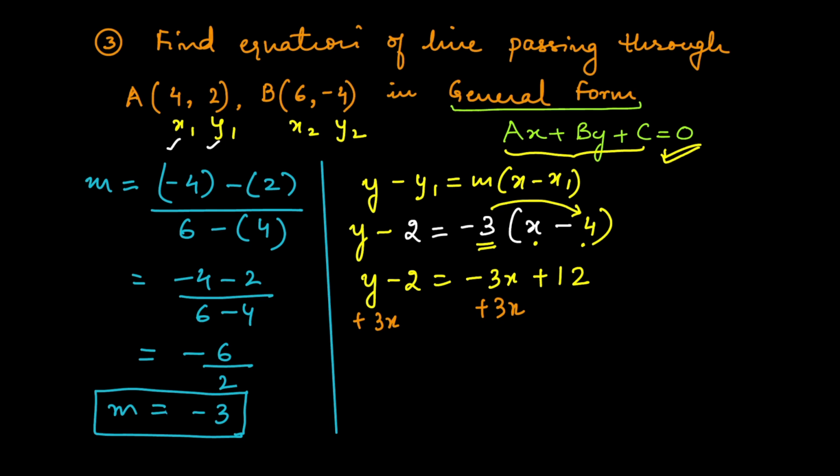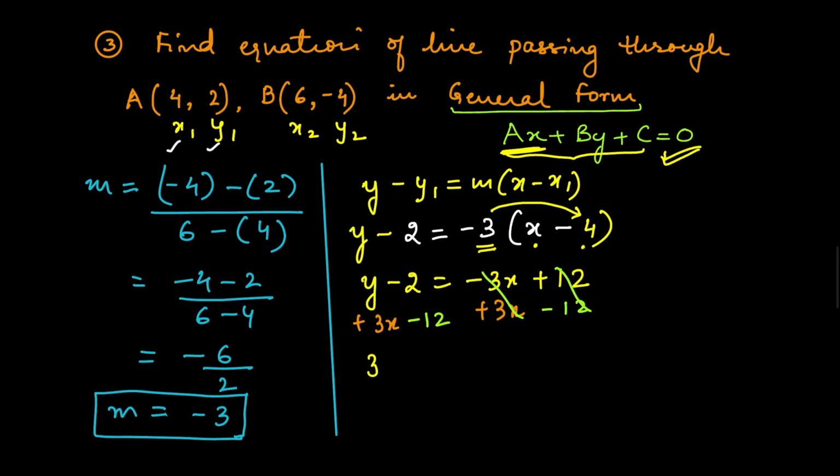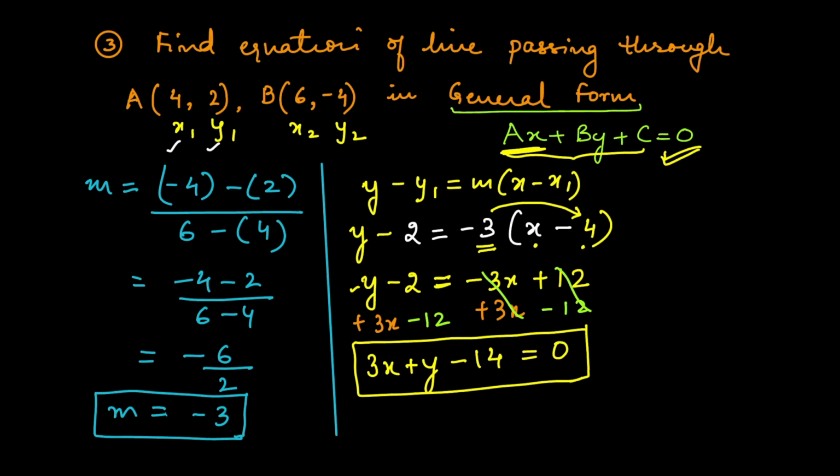And we also want to get the constant 12 on the left side, so we subtract 12 on both sides, so these two get cancelled. On the left side we always write the x term first, so 3x, then plus y, and then minus 2 and minus 12 will be minus 14, and on the right side both the terms have cancelled, so it is 0. So this is the general form of the equation of the line.